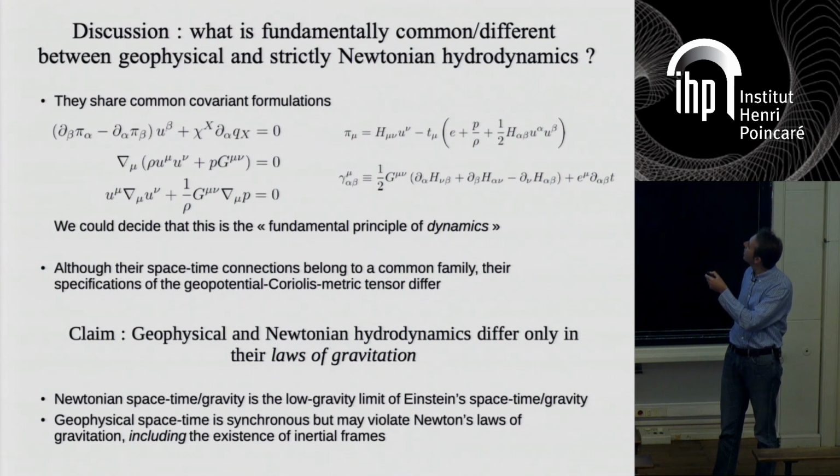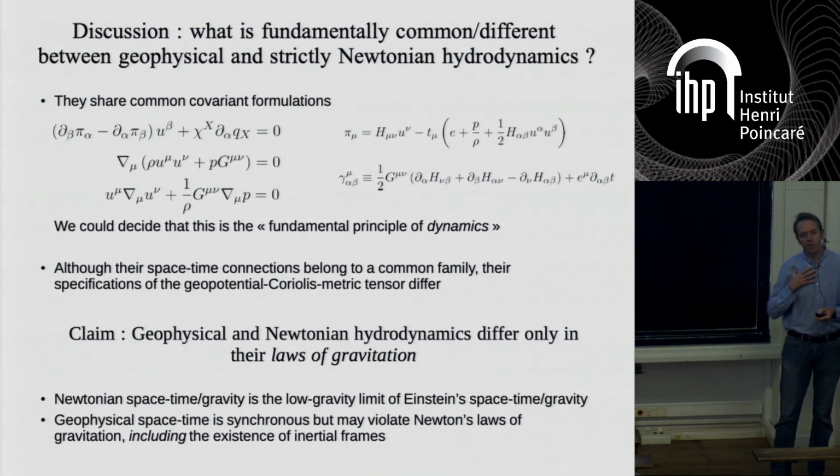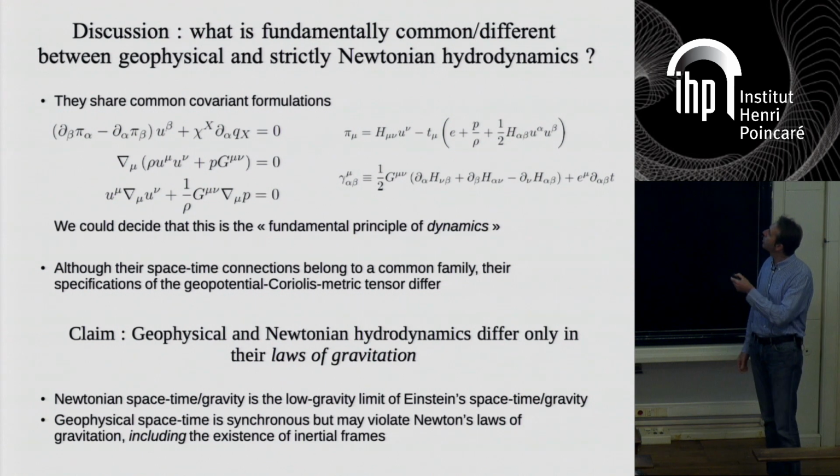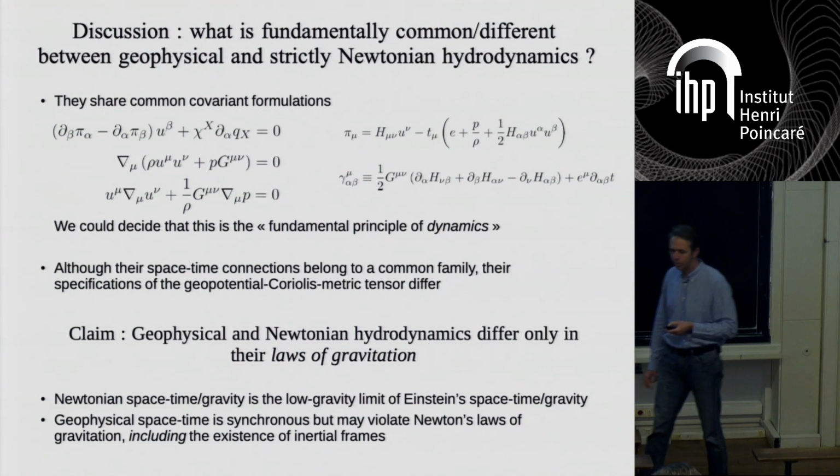What differs between strictly Newtonian dynamics and geophysical dynamics is what we put in this tensor, right? The metric, the Coriolis, and the geopotential.